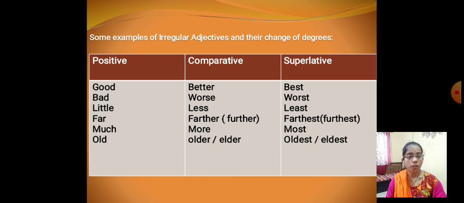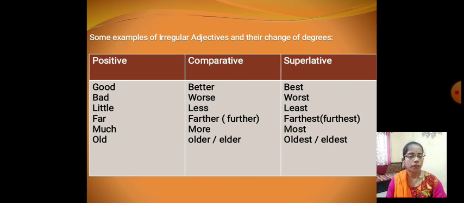I hope you understood the degrees of comparison. There are the positive, comparative and superlative degrees. The positive degree explains in the simple way, the comparative explains in the higher way, and the superlative explains in the highest way.